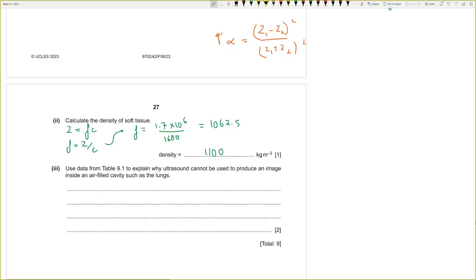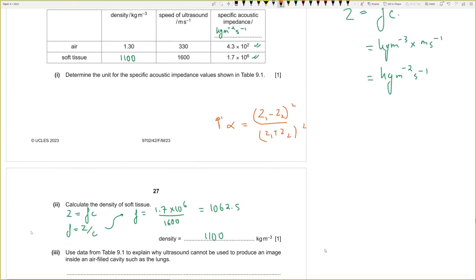So you can calculate alpha over here. Let's find out alpha. We use 1.7 times 10 to the power 6 minus 4.3 times 10 to the power 2, whole square, divided by 1.7 times 10 to the power 6 plus 4.3 times 10 to the power 2, whole square.